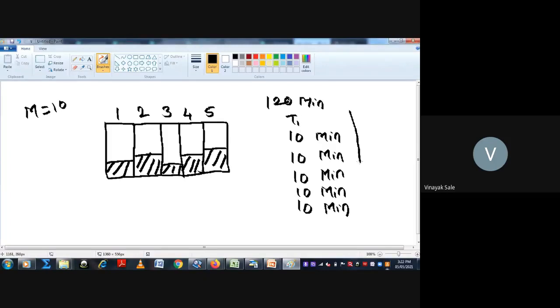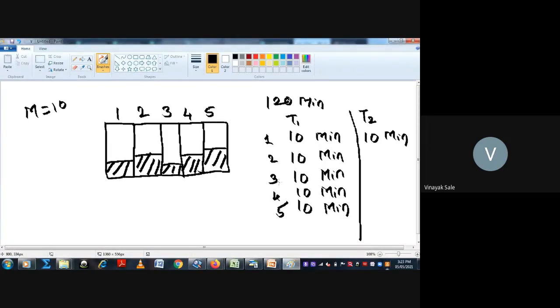This is T1. Suppose in the next time slot you again allocate 10 minutes to each question. Second time slot, so 10 minutes. So these are question first, second, third, fourth, fifth.